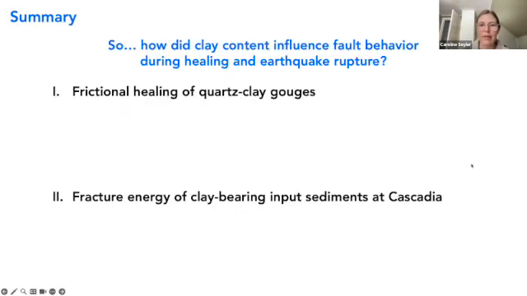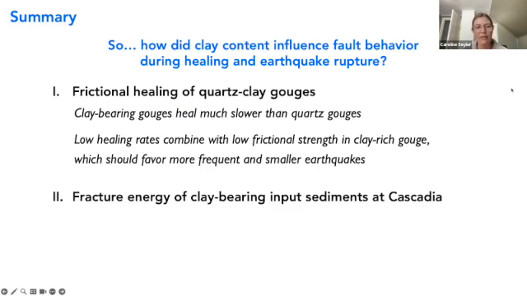All right, so just wrapping up some of the key takeaways here. How did clay content influence fault behavior during healing and earthquake rupture? We saw in frictional healing that clay-bearing gouges heal much more slowly than quartz gouges, and these low healing rates combine with low frictional strength to favor more frequent and smaller earthquakes.